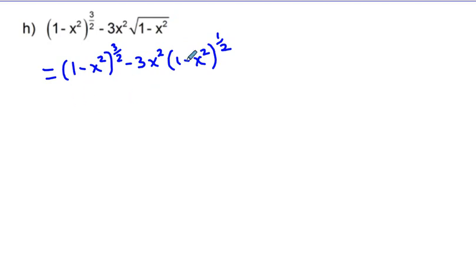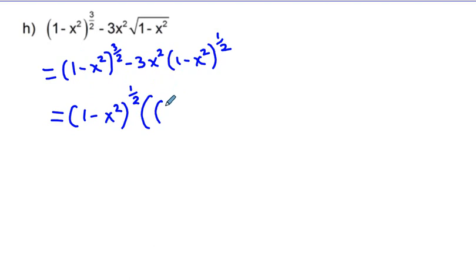What's going to be our greatest common factor? Well, you look for the lowest power of this thing here, which is to the 1/2 power. So we're going to make this quantity 1 minus x squared to the 1/2 power. And then we're going to have times, so 1 minus x squared to the 1/2 power times what equals 1 minus x squared to the 3/2 power?